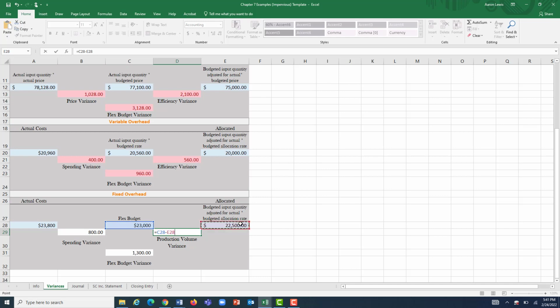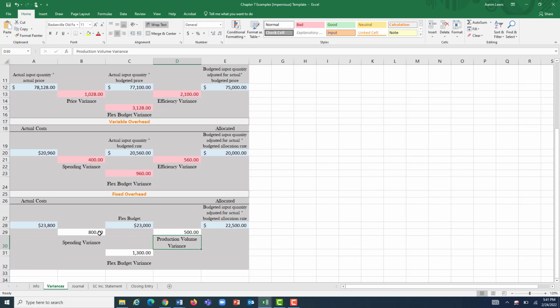The amount that we have allocated over here is $22,500, which means we have $500 more to put in there than we would have allocated under the standard costing system. And all of these, because they're positive numbers, I'm going to hold down Control and click all three of them at once, should be unfavorable, because we know that no matter what gap we take, the price is going up between the amount that we allocated and our actual costs.